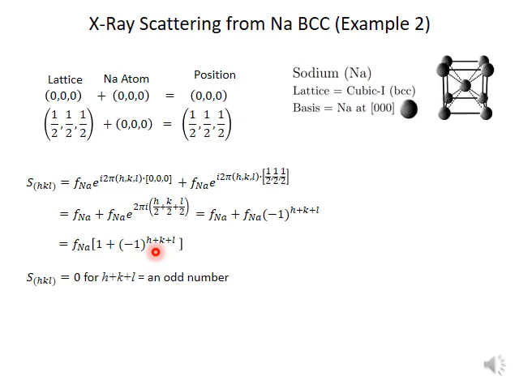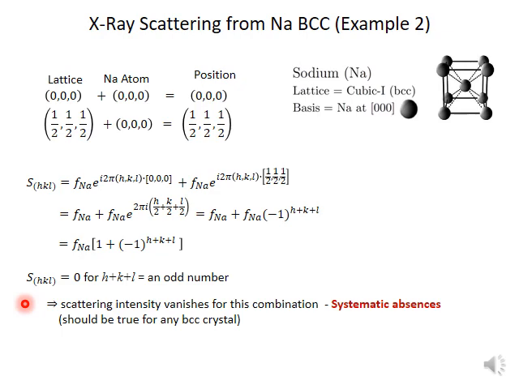You can try any combination of HKL such that the sum of h, k and l gives you an odd number. For any such combination, the structure factor would be 0, and it means that the scattering intensity from that particular set of lattice planes would be 0.